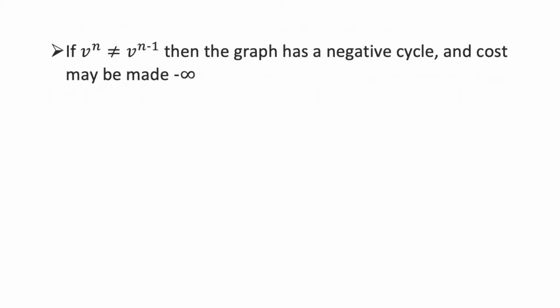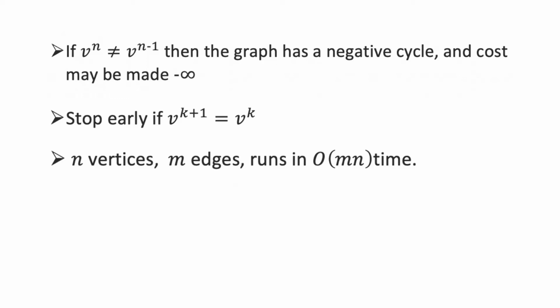If Vn is not equal to V(n-1), then the graph has a negative cycle and the cost may be made minus infinity. Stop early if V(k+1) is equal to Vk. It has n vertices, m edges. So, the complexity is big O of mn, that is, it runs in big O of mn time.